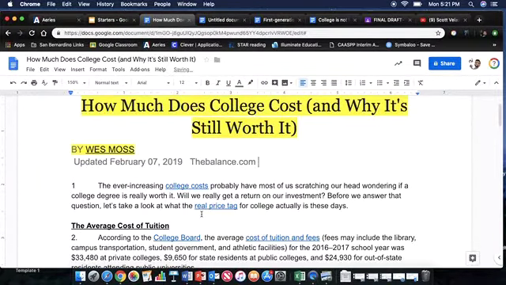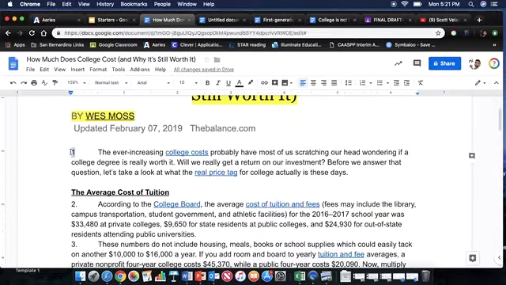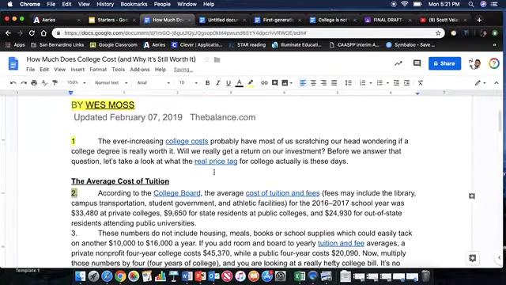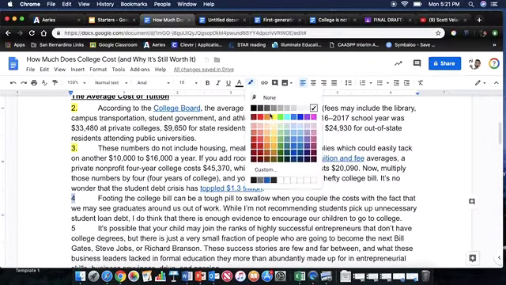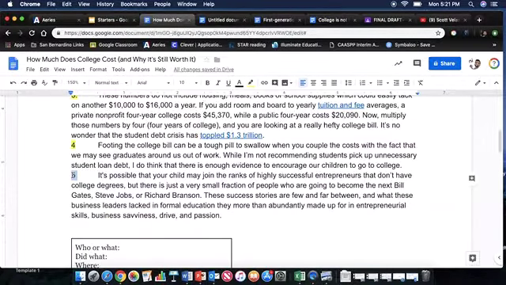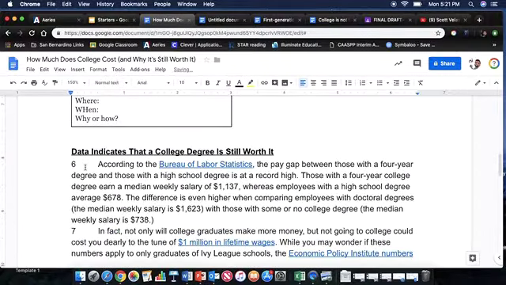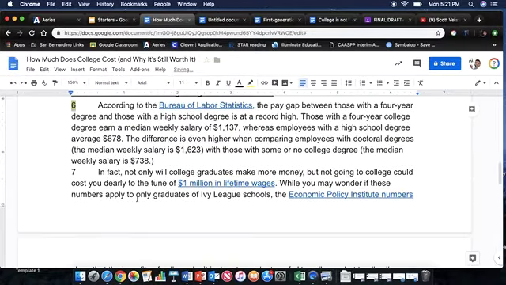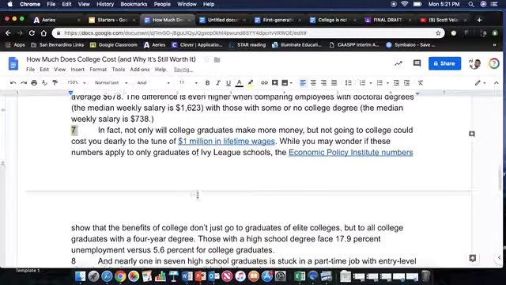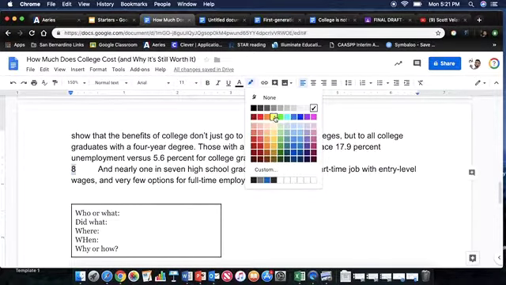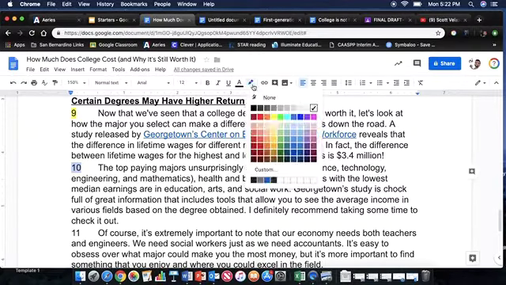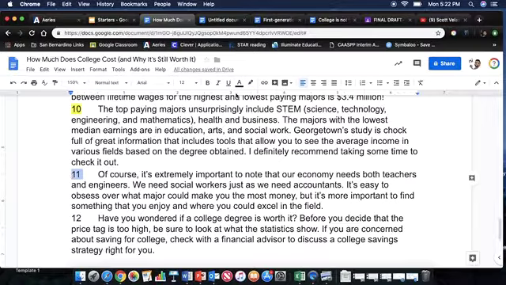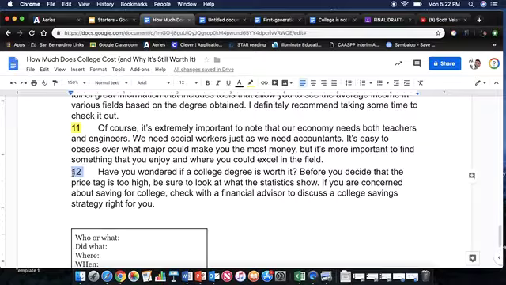Do that. All right, and let's go through and highlight every paragraph. Paragraph 1, paragraph 2, 3, 4, 5, 6, 7, 8, 9, 10, 11, and 12.